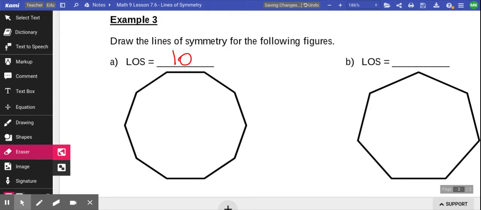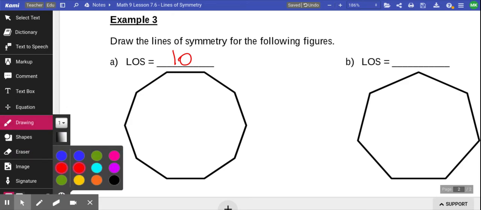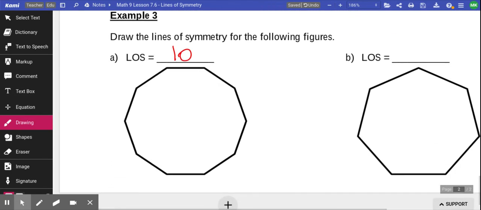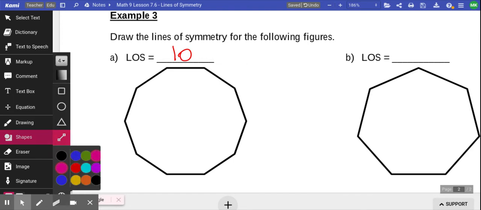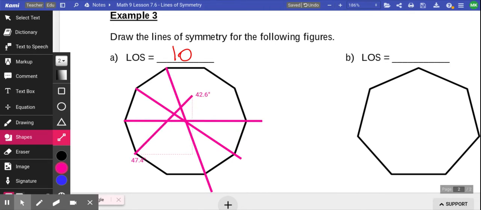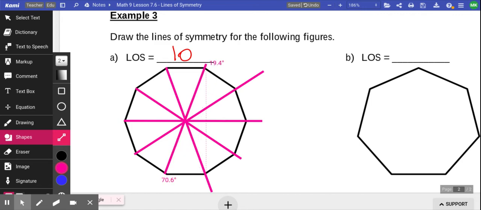If I wanted to draw those lines of symmetry, because it's an even-sided figure, an even number, then what I need to do is connect the corners like this. So if I connect corners, that would give me a line of symmetry. That's 1, that's 2, that's 3, that's 4, that's 5.